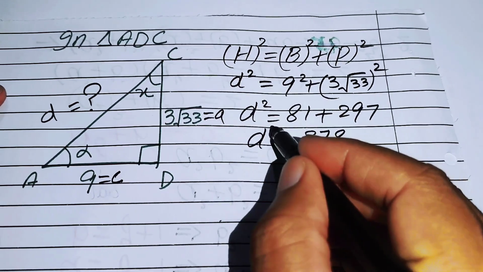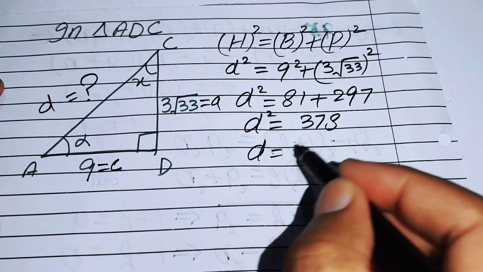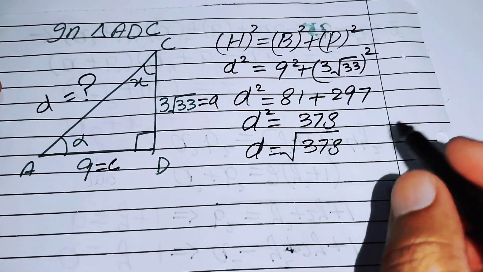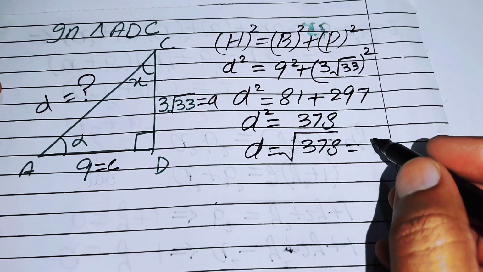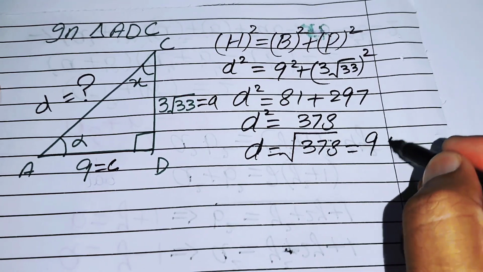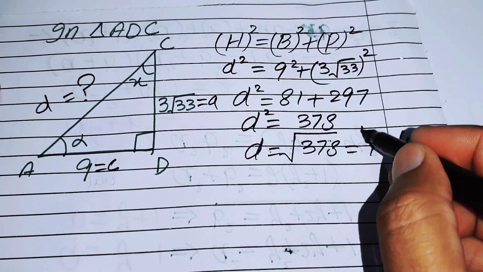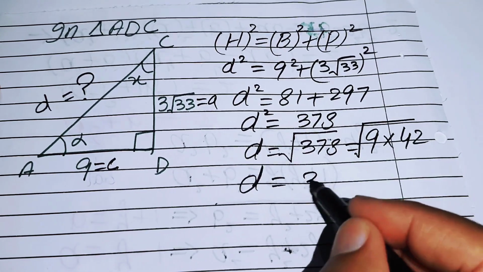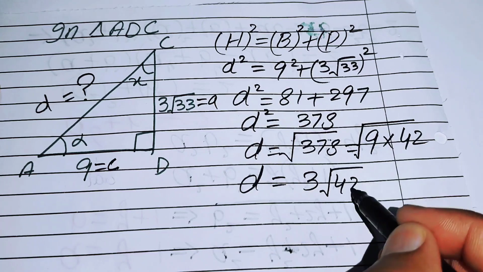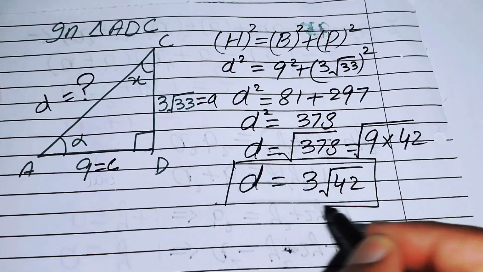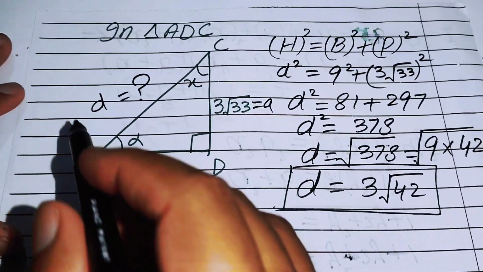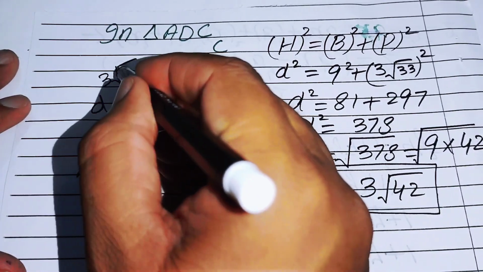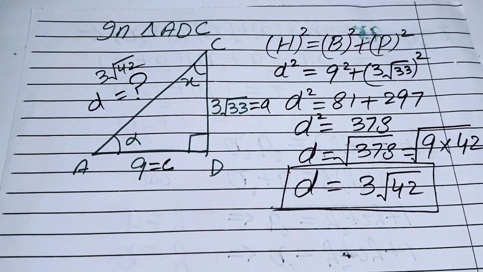So the value of D is square root of 378, and we can write 378 as 9 times 42 under the whole square root. So D is equal to 3 times square root of 42. So this is the value of the third side, or you can say the value of D is 3 times square root of 42.